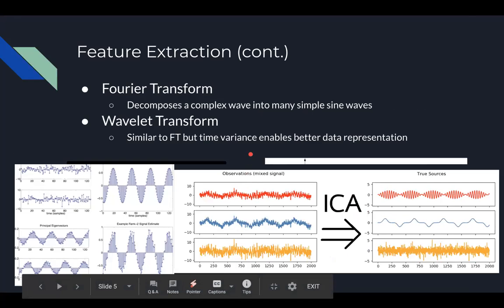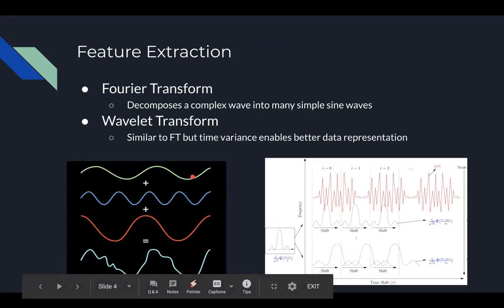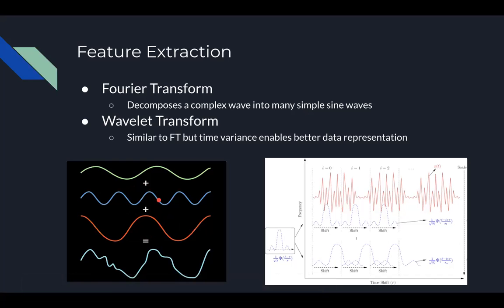Actually, I think that's a bad way to say it. This one would be the principal component over here because this is the highest amplitude decomposition. So this would be the first principal component, and this one would probably be the second principal component, whichever one has the second highest amplitude.